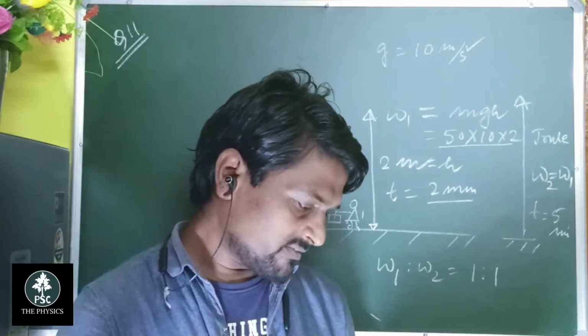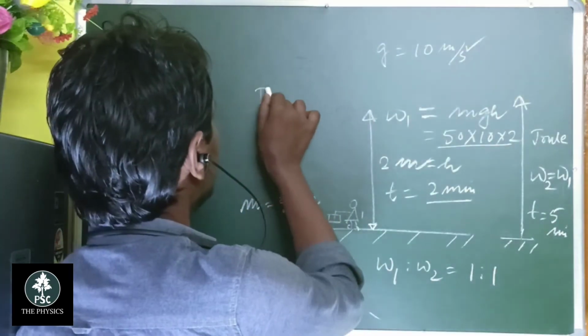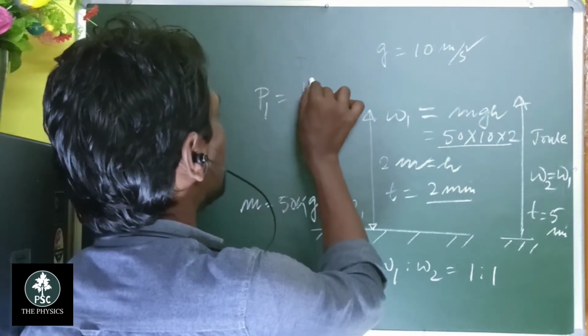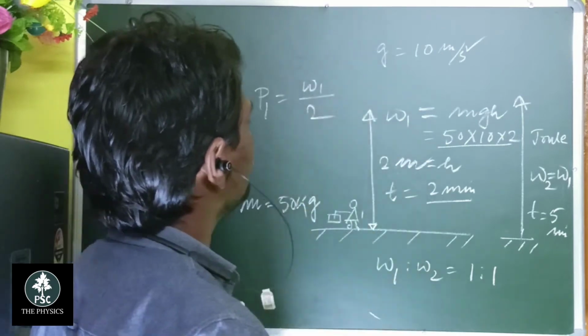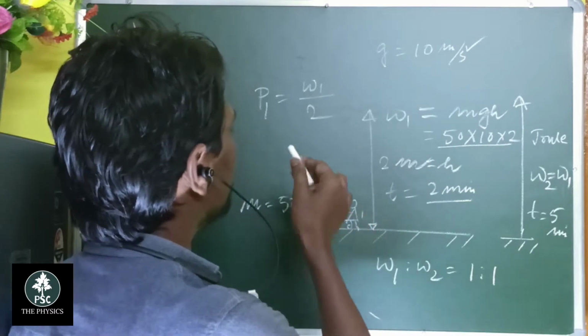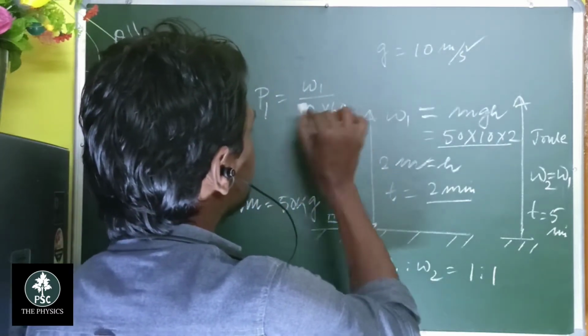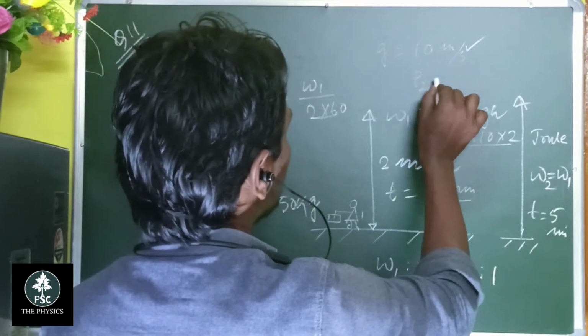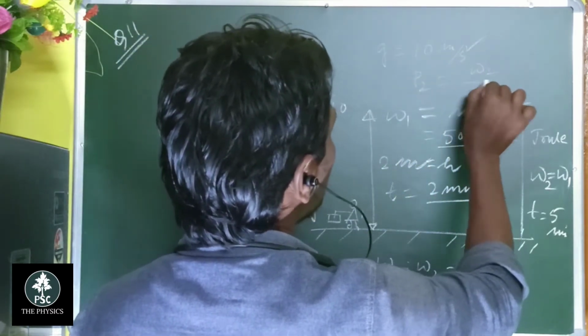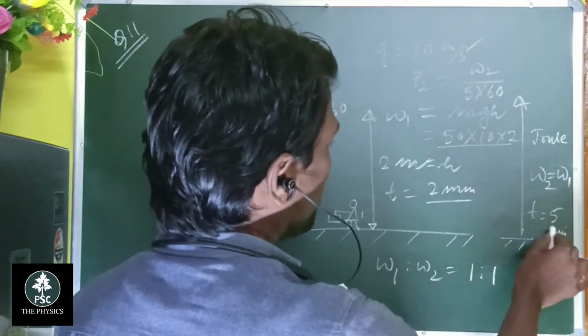But what is the power developed by them? Power equals work done by time, and here the time is in minutes, so convert it into seconds by multiplying by 60. P1 equals W1 by 2 into 60, and P2 equals W2 by 5 into 60, since it is 5 minutes.